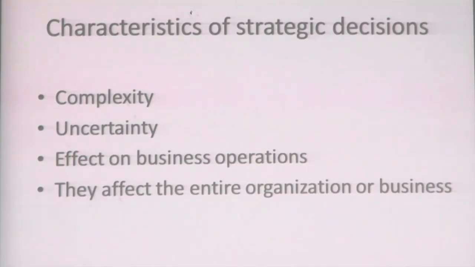In the testing environment, before they take the decision, that would have been operational, but when it comes to large scale manufacturing processes, the machine will reject the raw material. Then the strategic decision you may have taken is wrong. They affect the entire organization or business.